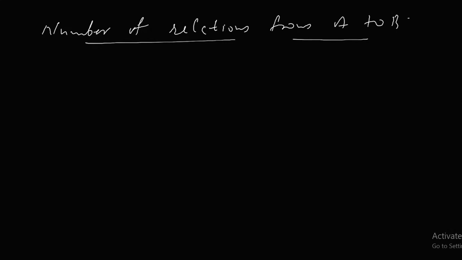What is the number of relations from A to B, provided we assume that both A and B are finite?